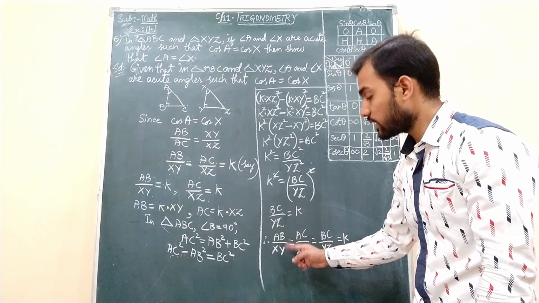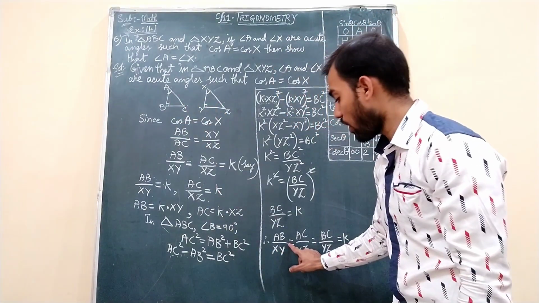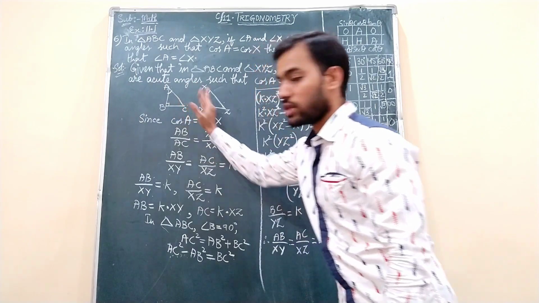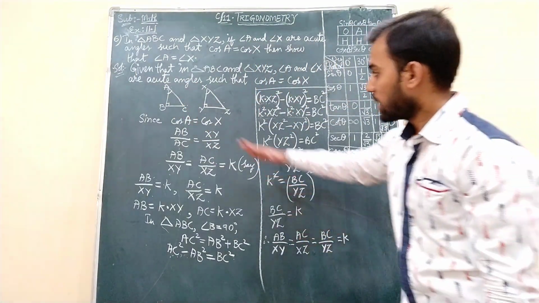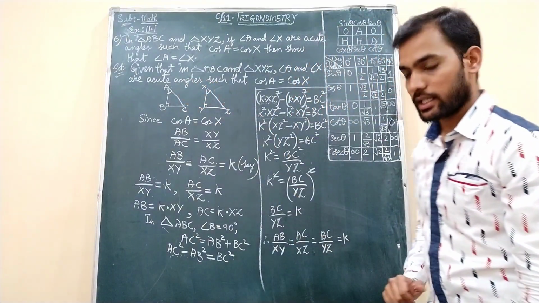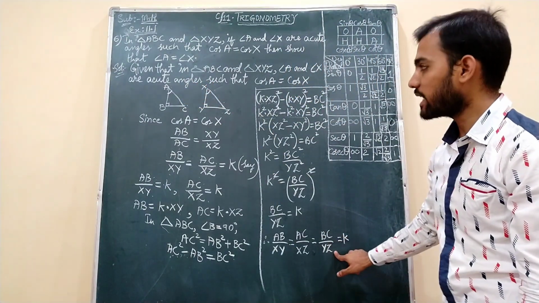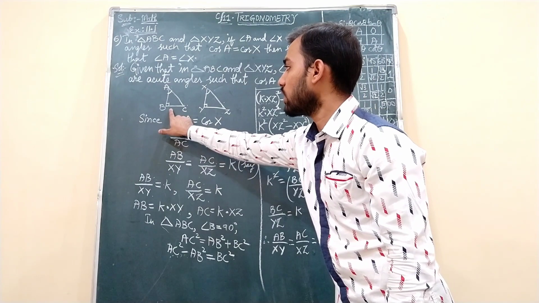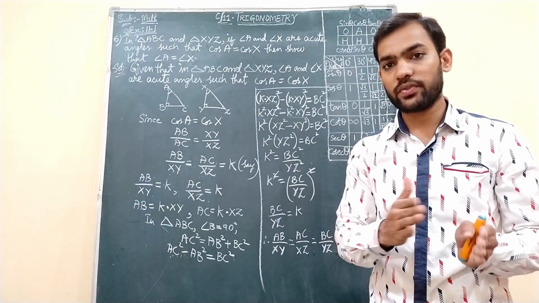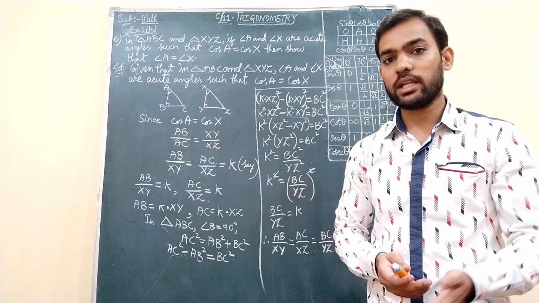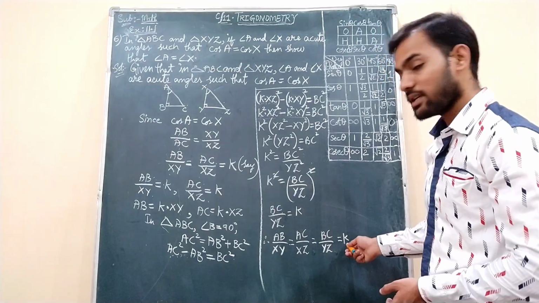AB by XY is nothing but the ratio of the corresponding sides of the triangle. AC by XZ is also the ratio of the corresponding sides of the triangle. And the last one, BC by YZ, is also nothing but the ratio of corresponding sides of the triangle. All the three corresponding sides of both the triangles, if you are taking the ratio, you are getting the same, K.